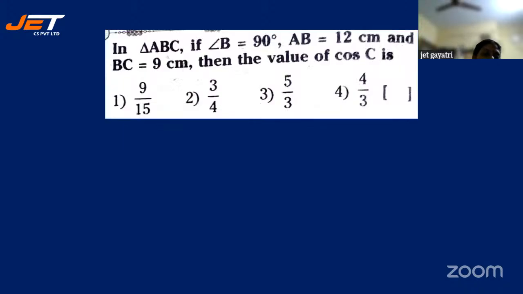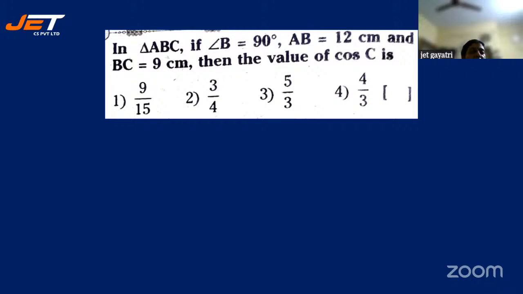In triangle ABC, if angle B is equal to 90 degrees, AB is 12 centimeters and BC is 9 centimeters, then the value of cos C is dash. All right. So the value of cos C, right? So here we have to just draw the triangle, that is ABC.